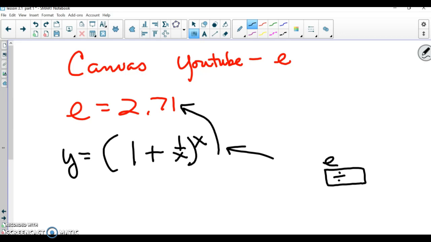And so, at the bottom, they conclude it's reasonable to say 1 plus 1 over x to the x is approaching the value e as x approaches positive infinity.